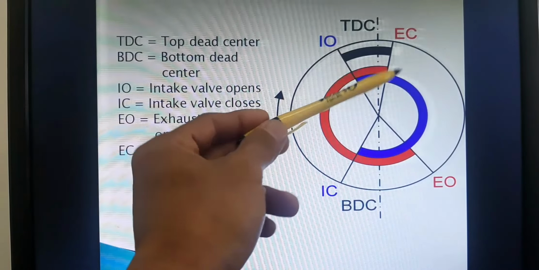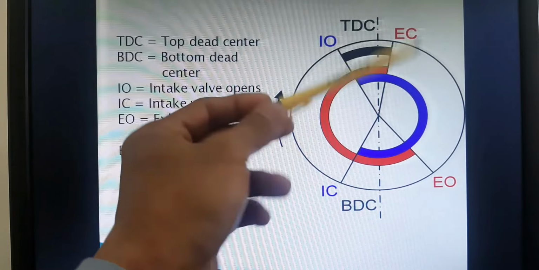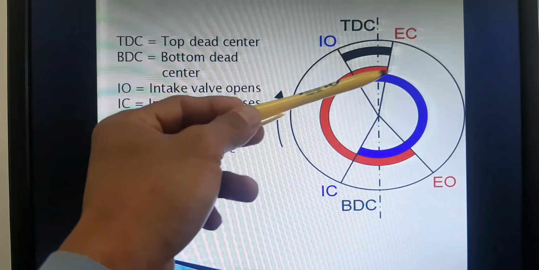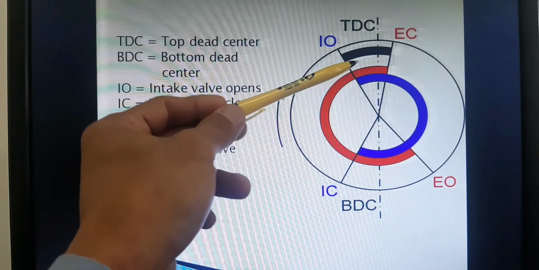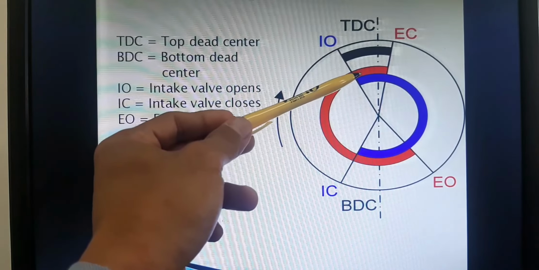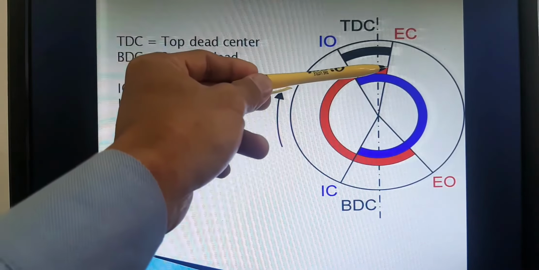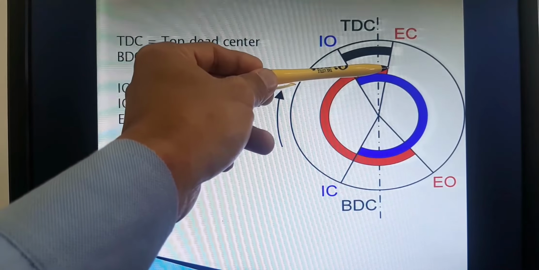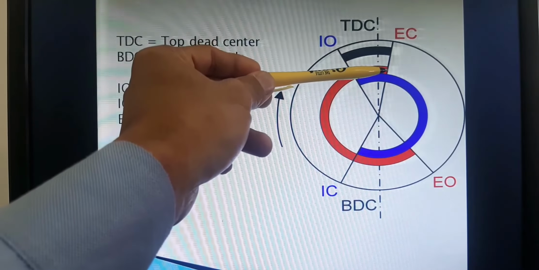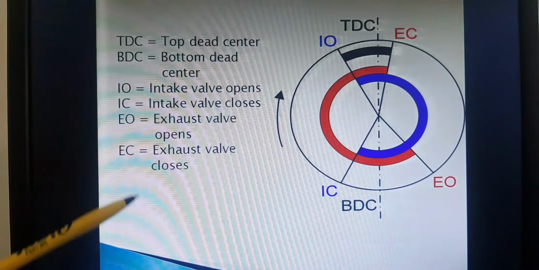To scavenge the gas, or to push out the remaining exhaust gas. So we have understood that there is an overlap.